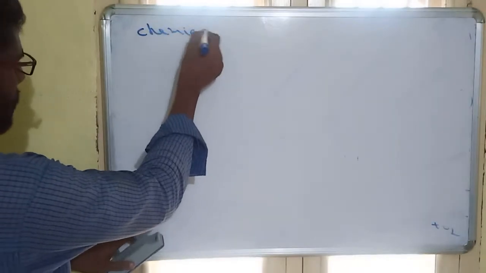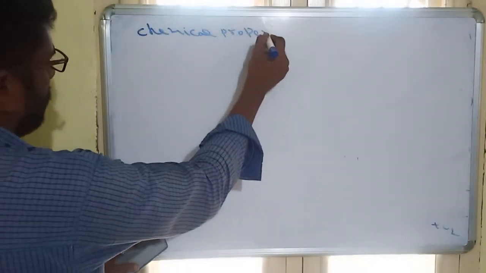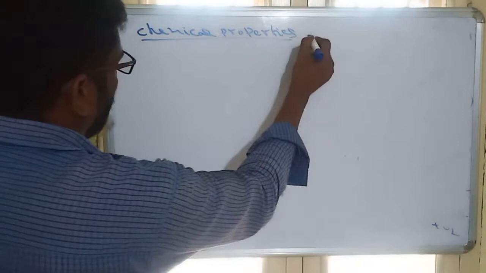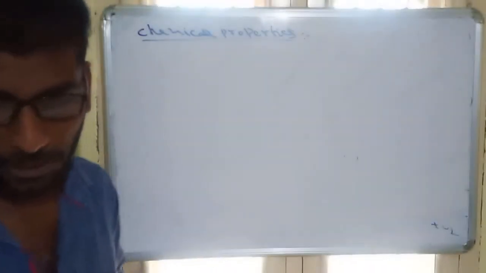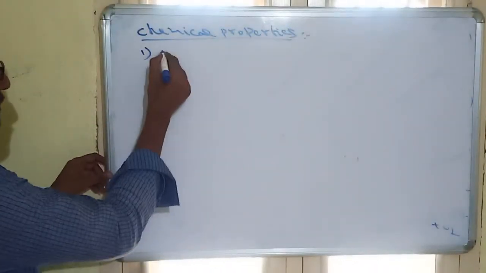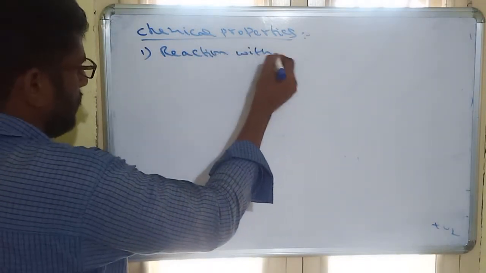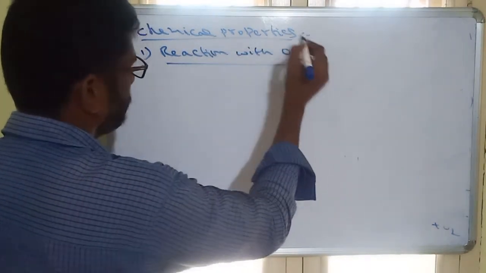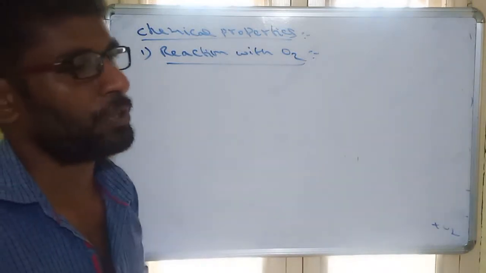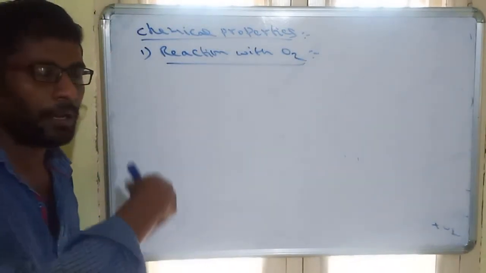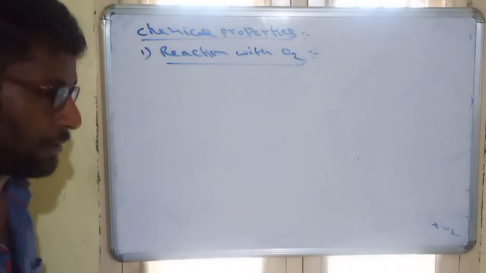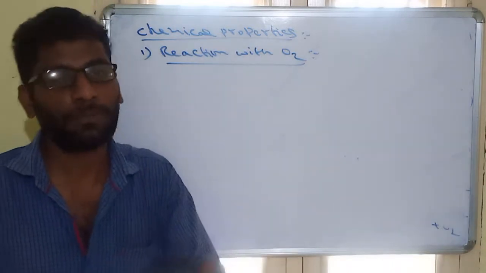Now, when we are taking chemical properties, the first one is reaction with oxygen or reaction with air. Alkali metals, when combined with oxygen, produce different types of oxides.